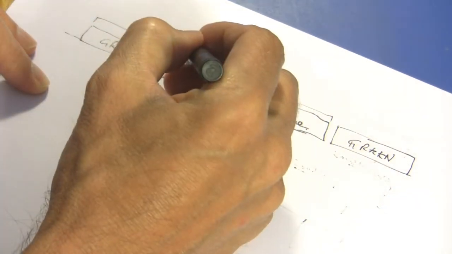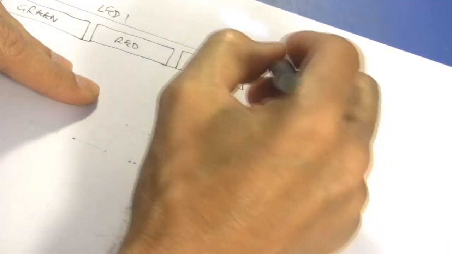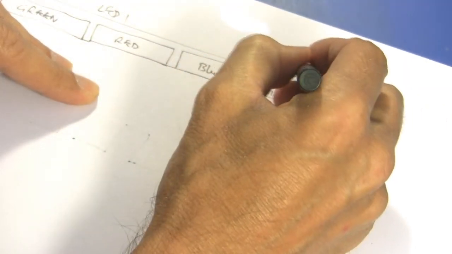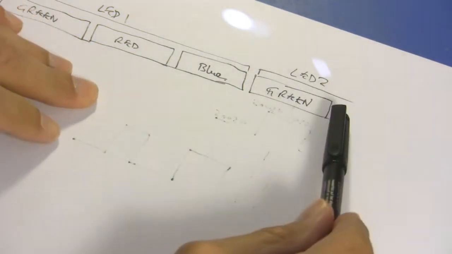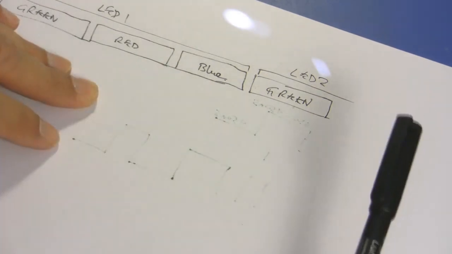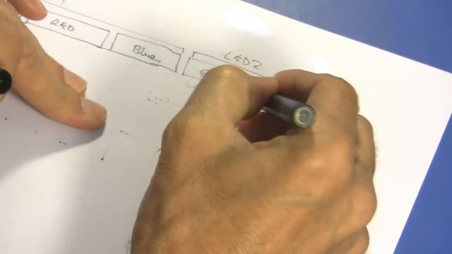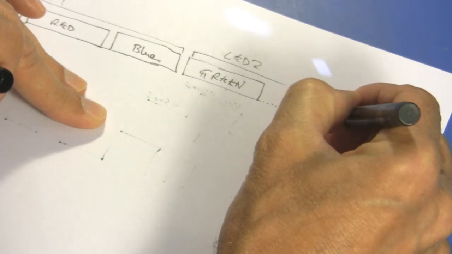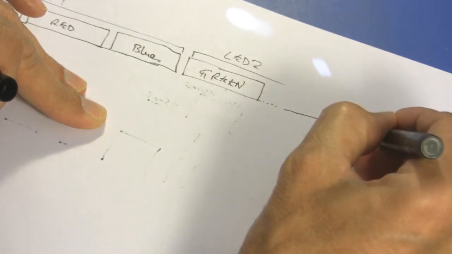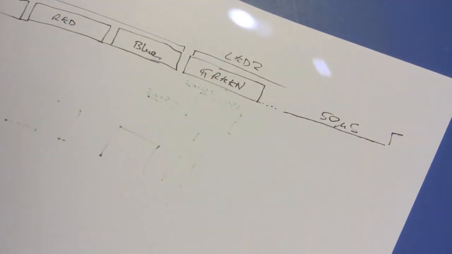So that is our LED 1, and then over there the next one is LED 2, and you just keep sending data until you've satisfied all the LEDs in your string, and then at the end of that string the data line has to go low for at least 50 microseconds, and then you start refreshing the LEDs again, beginning with LED 1, the whole new set of data going out.